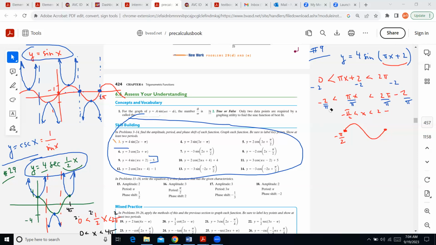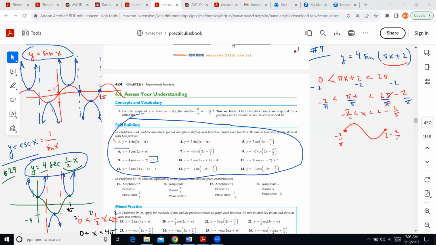I don't know what kind of dyslexia I got, but it's really something that I flip. So it's 2 over pi. Whatever it is doesn't matter to us. I just need to put these numbers here. And then the pi cancels, so we get a 2 minus 2 over pi. So actual shift happens to be by 2 over pi.